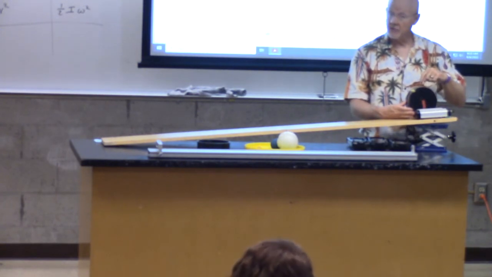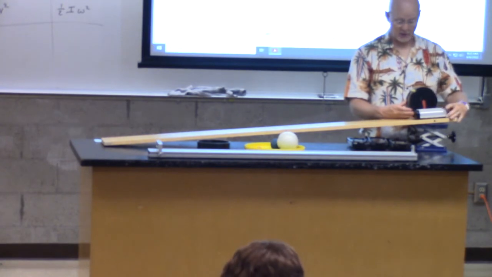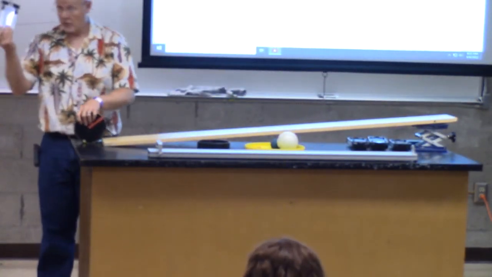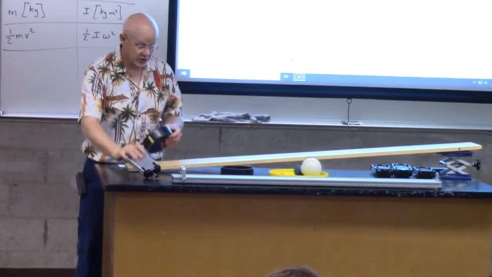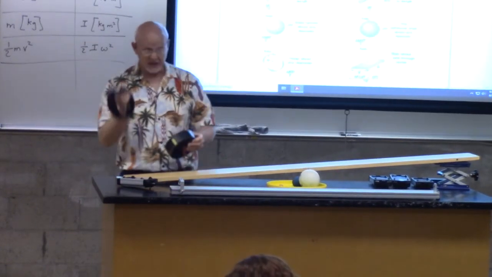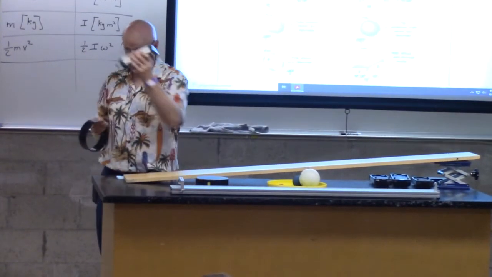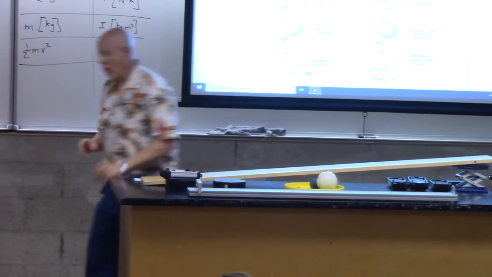This one's got to give some of it to rotation, so it has less for translation. And so clearly then, if I let it go, this one wins by a lot. And of course, you already told me and saw that this one beats this one. So clearly this one must really beat this one. Let's keep going with this calculation.